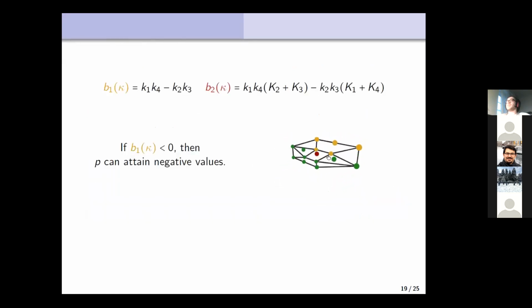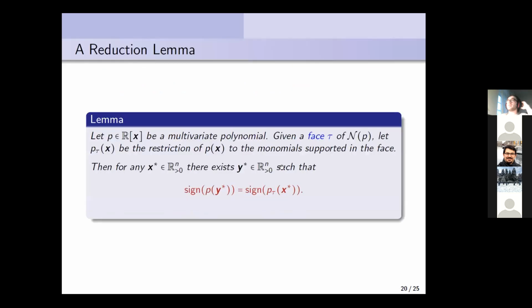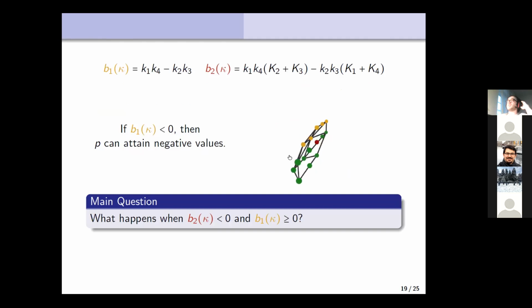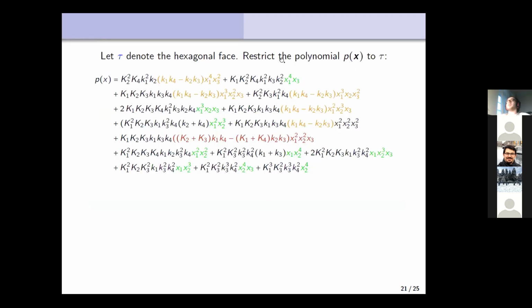It is enough to focus on this face. So we call this hexagonal face tau, and we restrict the polynomial to this hexagonal face.